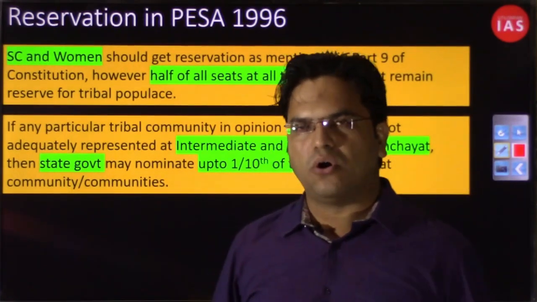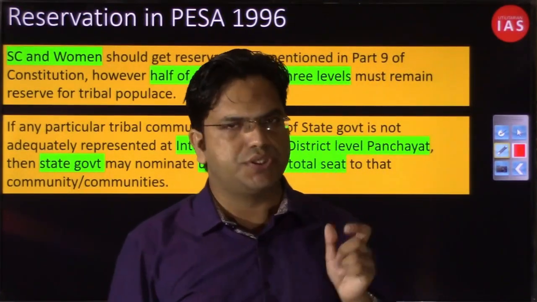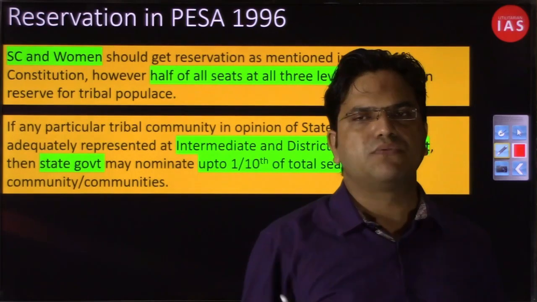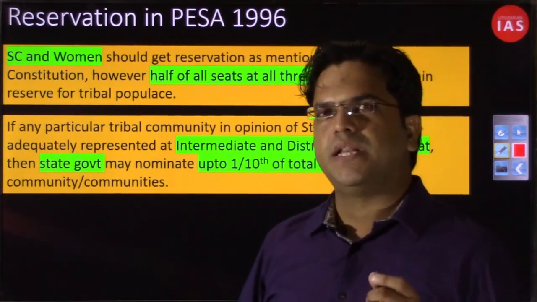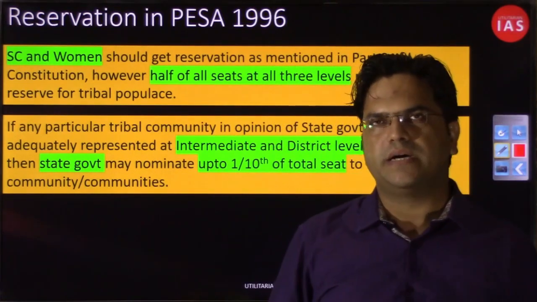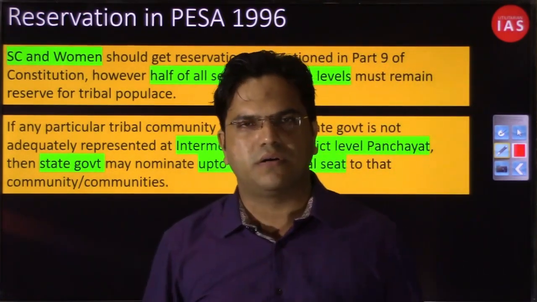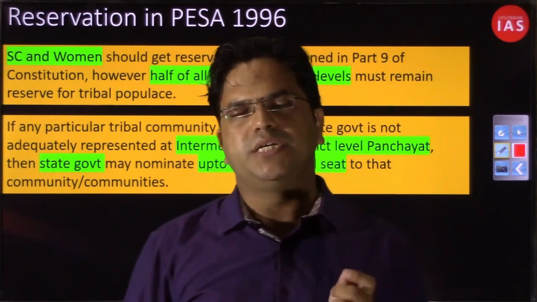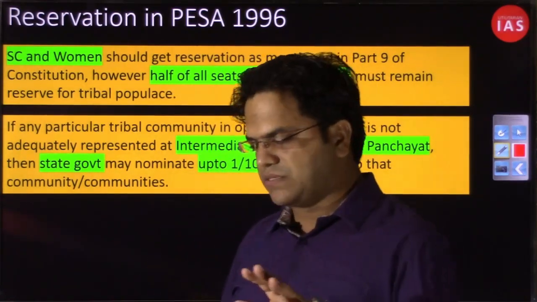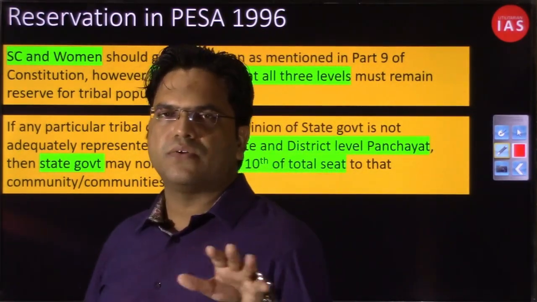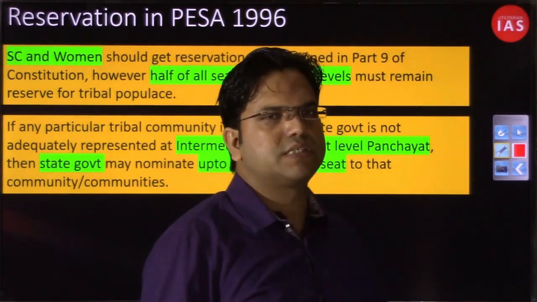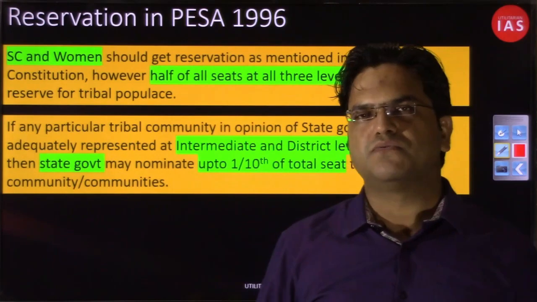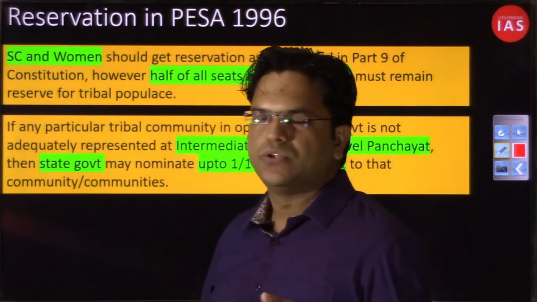There was an option of reservation for the OBC community as well, but that was entirely dependent on the state legislature whether they want to give any reservation to the OBC community or not, right? As far as SC community, ST community and women were concerned, there was fixed reservation, in proportion to the population of SC and ST. As far as women were concerned, you had 1/3, so that was fixed.